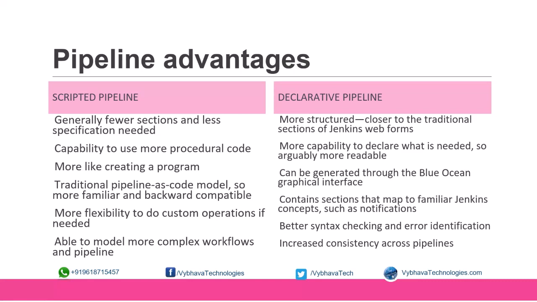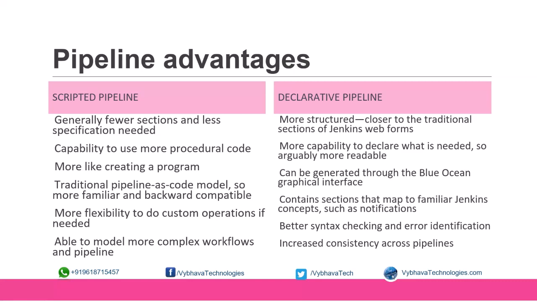In the left side, third point is the scripted pipeline. If you are going to use more like creating a program, it's like a sequence of Groovy script, the language how we are going to use script program. One by one, we are going to define the functions. After that, we can call them.